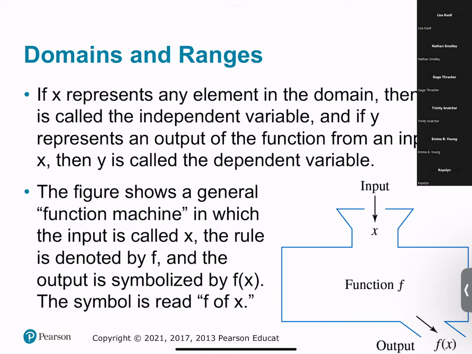Okay, then you take that input X and you put it in the function. In our function, it took our input, multiplied it by 9/5, and then added 32. Your function does something. And if you're in math, it's going to do something mathematically to your input. Maybe it divides it by 2 and adds 5. Or maybe it squares it and adds 3. It does something to your input, and then it outputs a value.